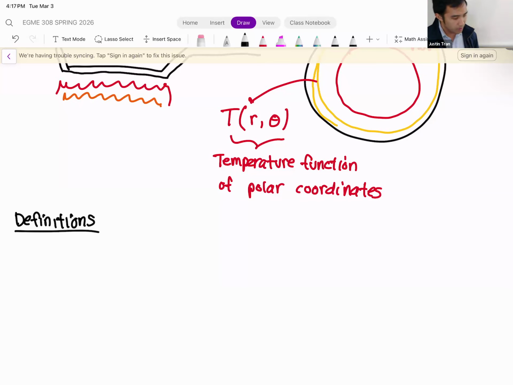Okay. All right. So the first definition we'll have is what's called a scalar field.